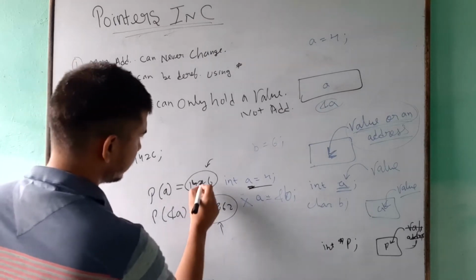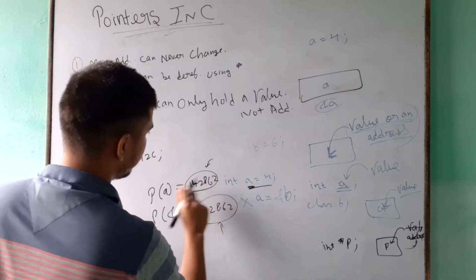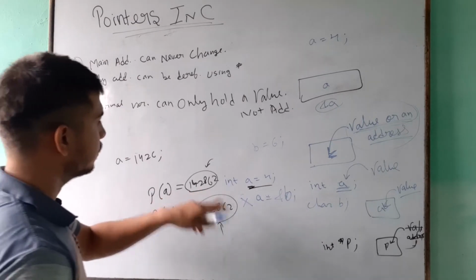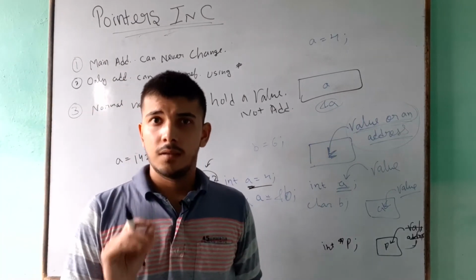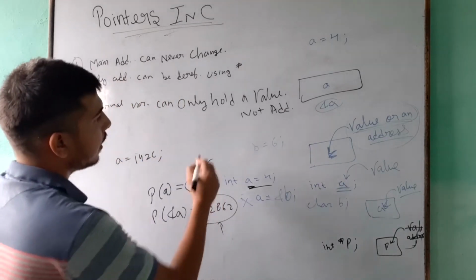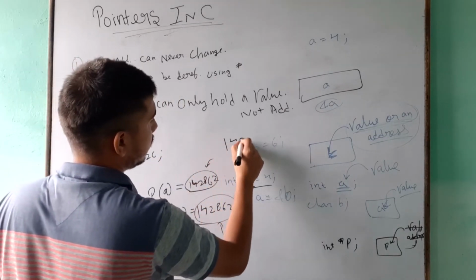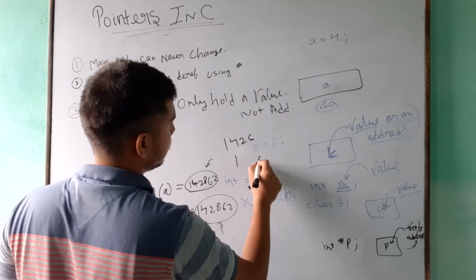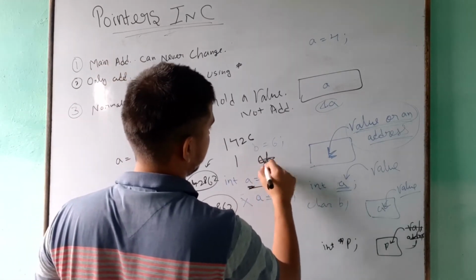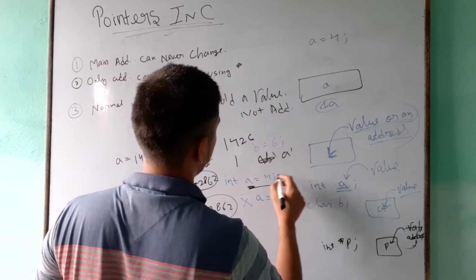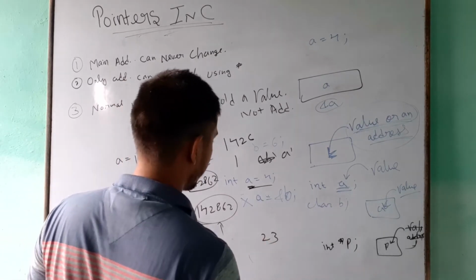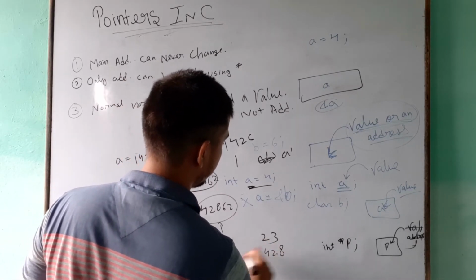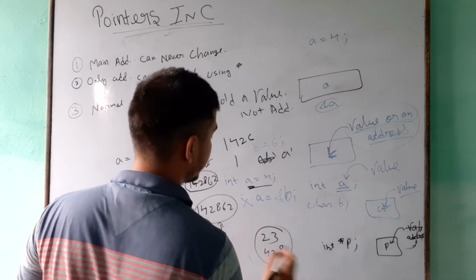I can also write the same quantity here, 142862, but how will you tell that this is an address? The point to remember is that whenever I am talking about constants, like the character a, or something like 23, or 42.8, this is always treated as a value.